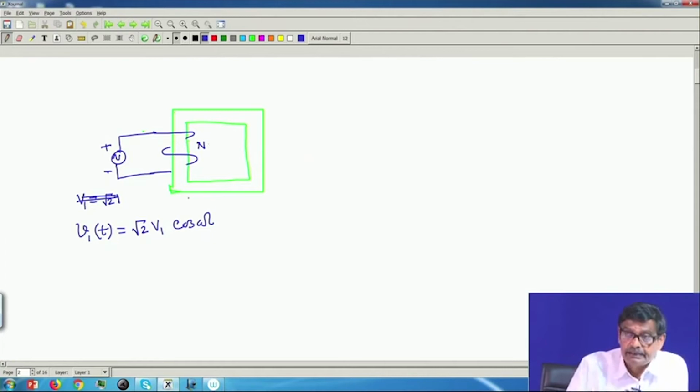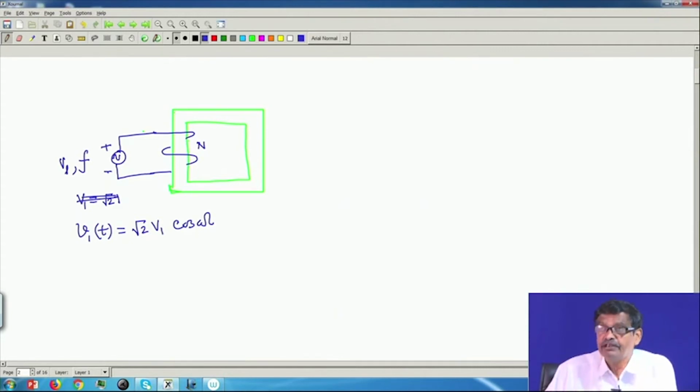But in an AC magnetic circuit, the coil is connected across an AC supply voltage of known frequency, RMS value V1, and supply frequency is f. Then the first statement I will make is that the flux in the core gets fixed.